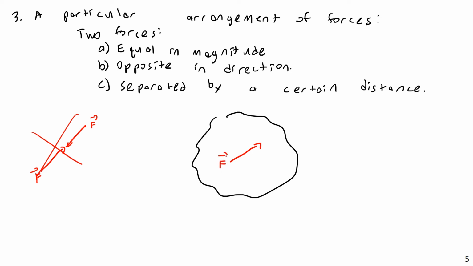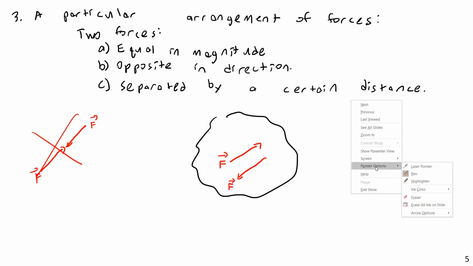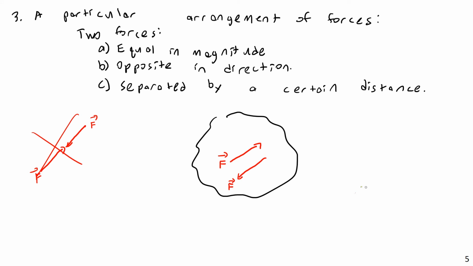So if I have one force vector here and another force vector here, again, they're basically parallel but in opposite directions, separated by a certain distance d. This is where I get a couple.